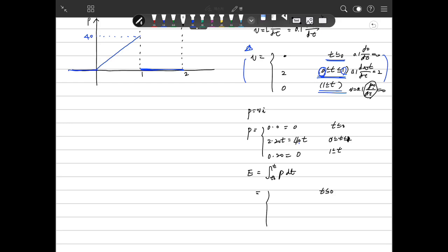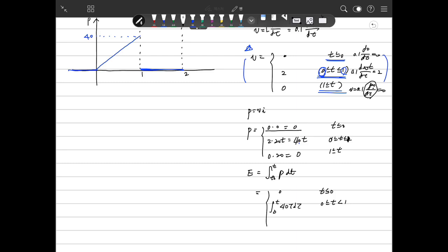So we can say here it is 0, because the power is 0.